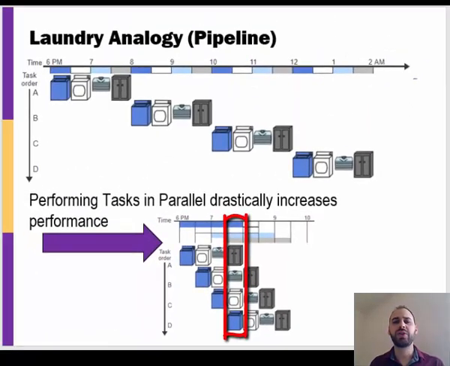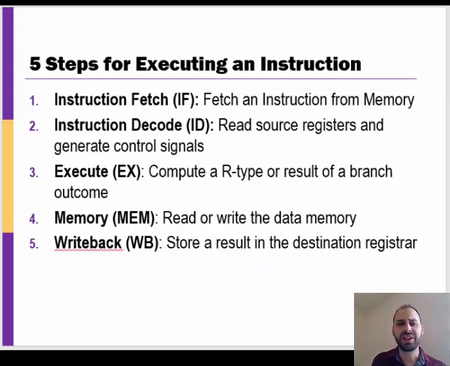So how fast you can move things along is limited by the speed of the slowest stage or step. The ideal situation is that these 5 stages are of the same duration. We're going to have some assumptions, and one thing we'll see is that that's not exactly the case.